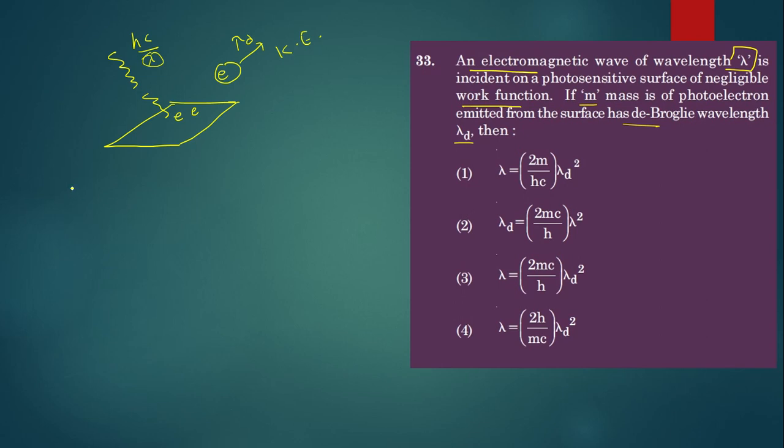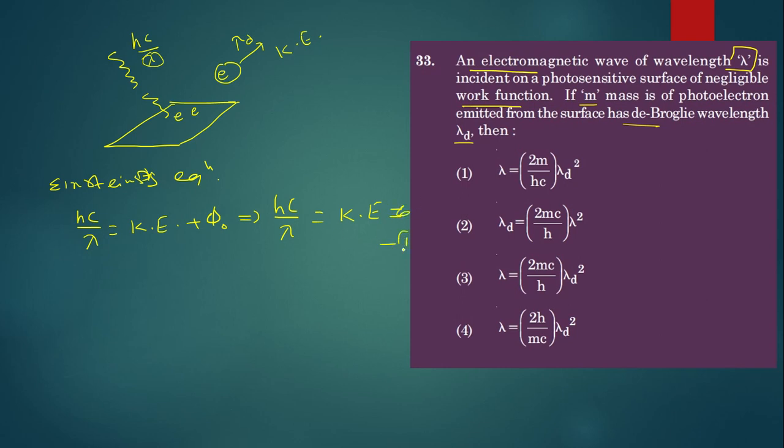So first I will write down Einstein's equation. What does it say? It says that the incident energy is equal to kinetic energy plus work function. Since the work function is negligible, I can neglect it, and this becomes equal to the kinetic energy.